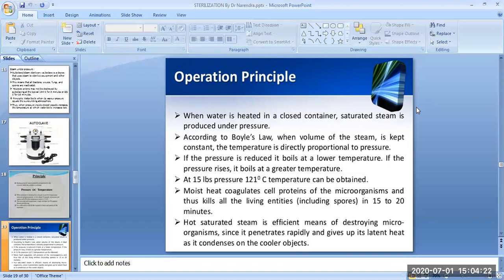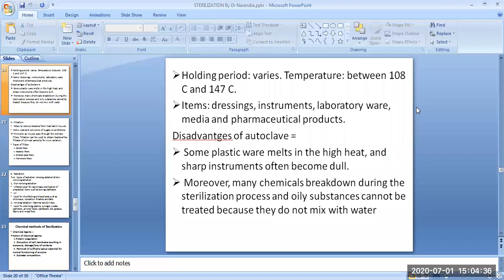Hot saturated steam is a sufficient means to destroy microorganisms since it penetrates rapidly and gives up its heat as a consequence of condensation on the coolest surface.